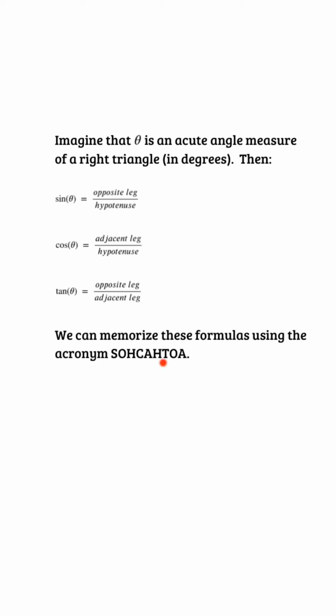The CA part stands for the cosine of an acute angle is equal to the adjacent leg with respect to that acute angle over the hypotenuse. And finally, the TOA part stands for the tan of an acute angle is equal to the opposite leg with respect to that angle over the adjacent leg with respect to that angle.